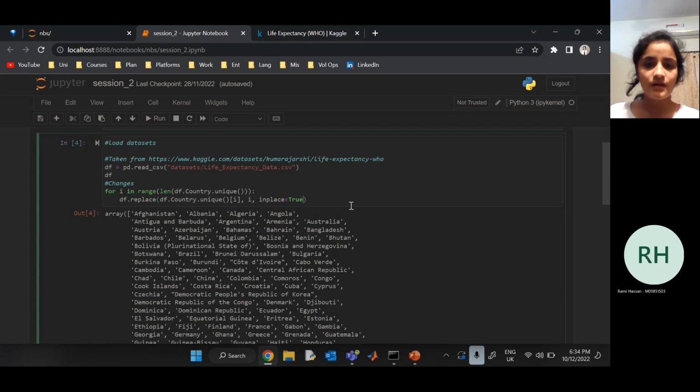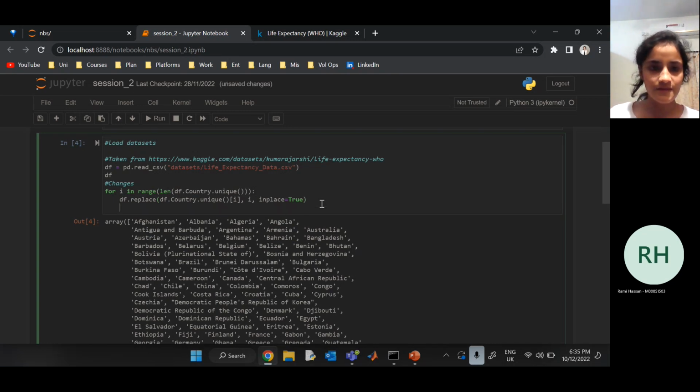What that means is that instead of making those changes in the original data frame, it's returning another data frame with those changes. So inplace equals True is going to solve this. If you have that problem, add inplace equals True as a parameter, and it's going to make the changes in the original data frame.